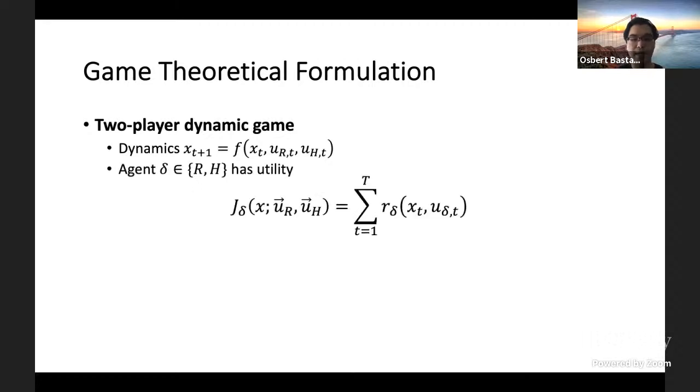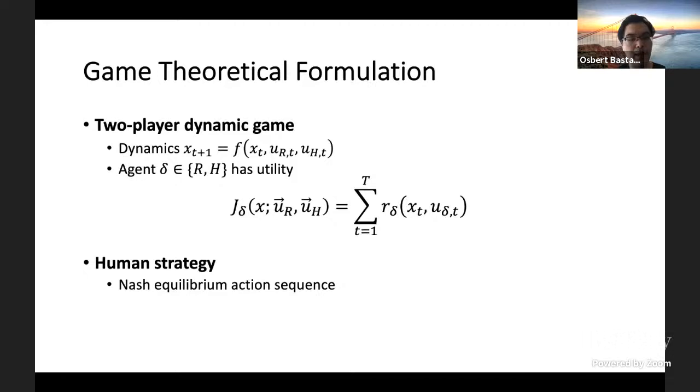Then each agent has a utility function, which is just a sum over the rewards that they accrue over some time horizon, capital T. Each agent is trying to optimize their utility function, taking into account the behaviors of the other agent.